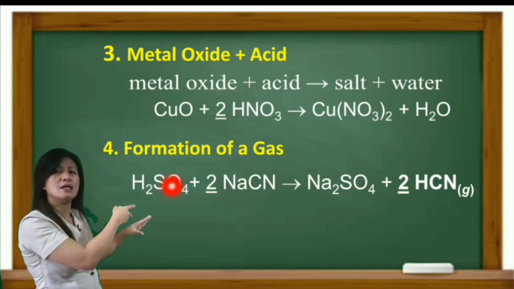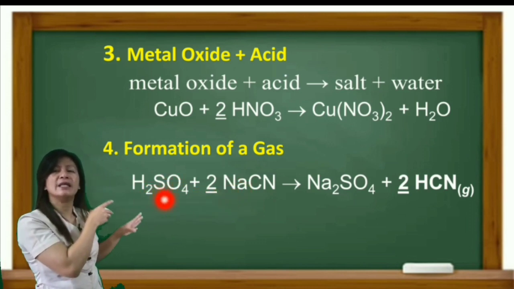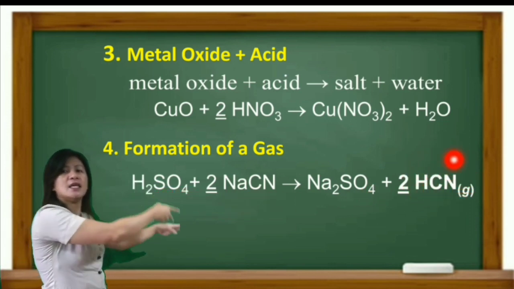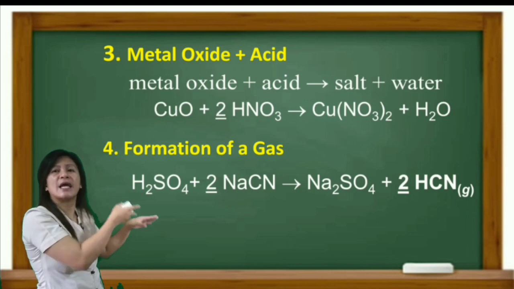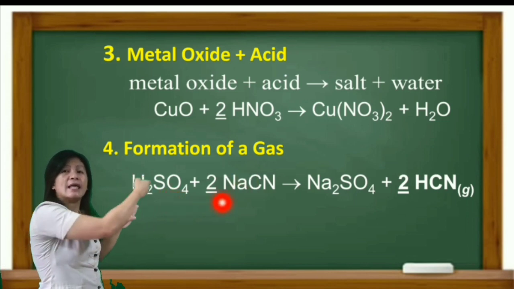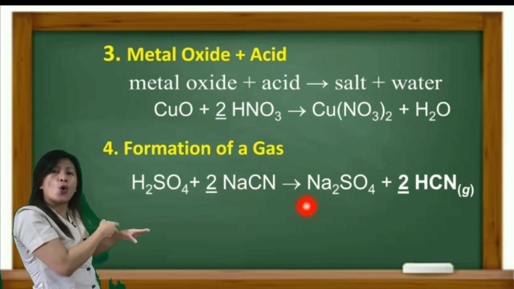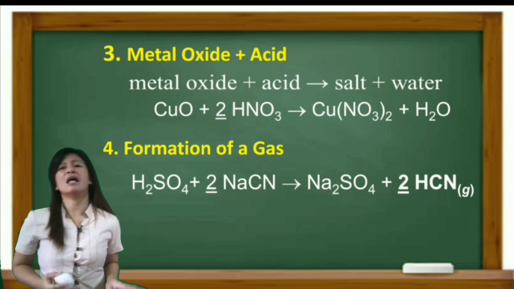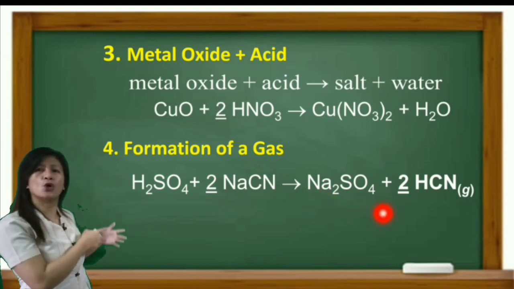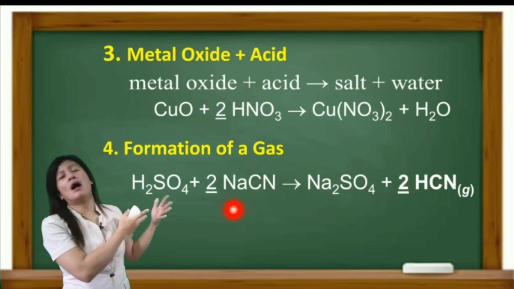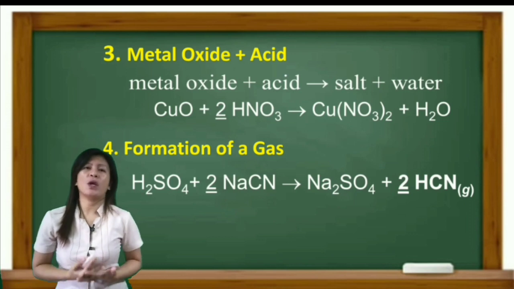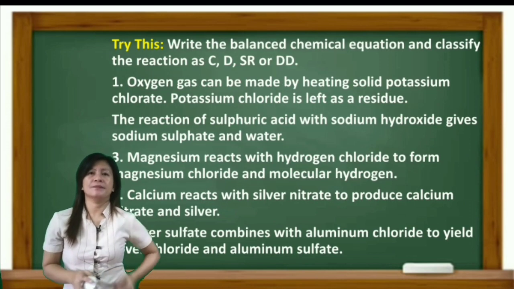So we have AB, CD. What is our AD pattern? AD pattern is H and CN, so we will have hydrogen cyanide. Our CB pattern is Na and SO4 for sodium sulfate. And adding again coefficients 2 in sodium cyanide and hydrogen cyanide makes our equation balanced.